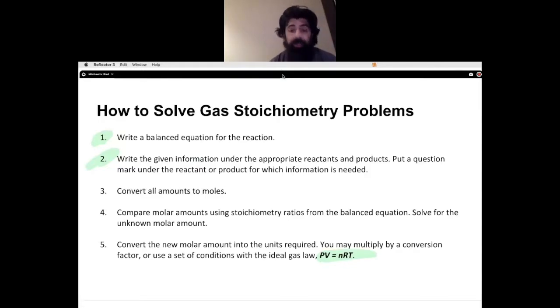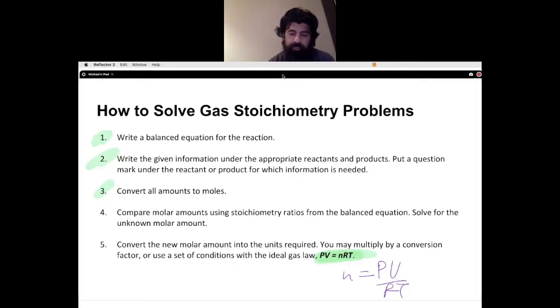You're going to be converting anything into moles, so you might use this formula to isolate for n to find the number of moles if you're looking for a gas and comparing the gas with another reactant or another product in a stoichiometry problem.